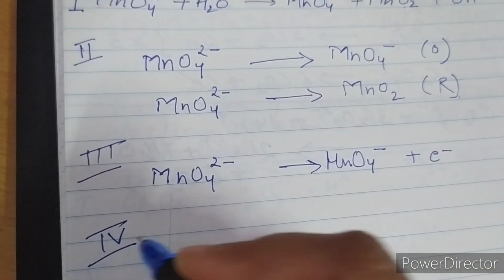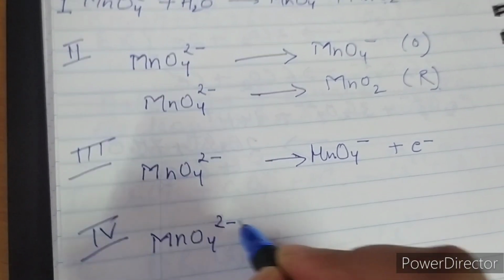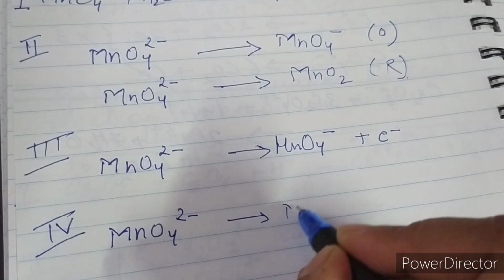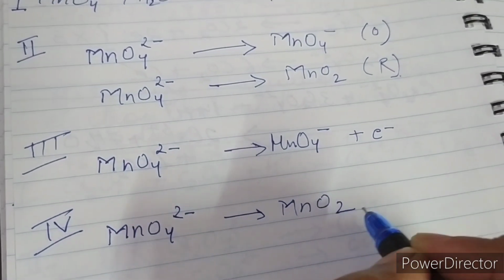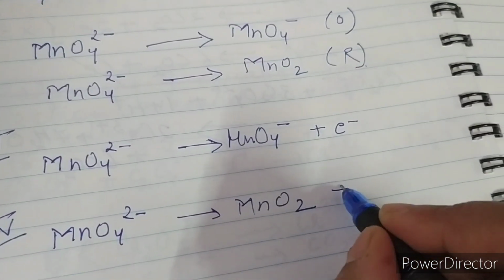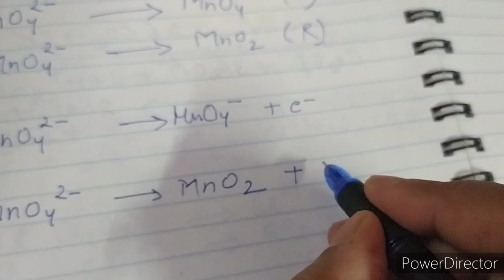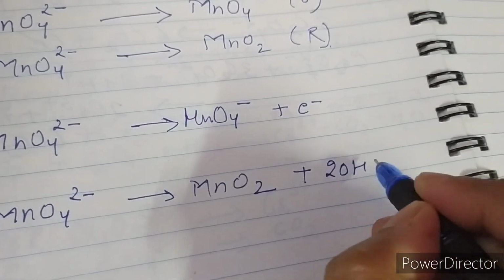Again similarly we will balance the reduction half reaction. MnO4 2 negative will give you MnO2. Now here you can see that there is a deficiency of oxygen on the right hand side, which we will balance by putting OH negative ions. So 2 oxygen atoms are deficient, here it is 4, so we'll put 2 OH negative ions.